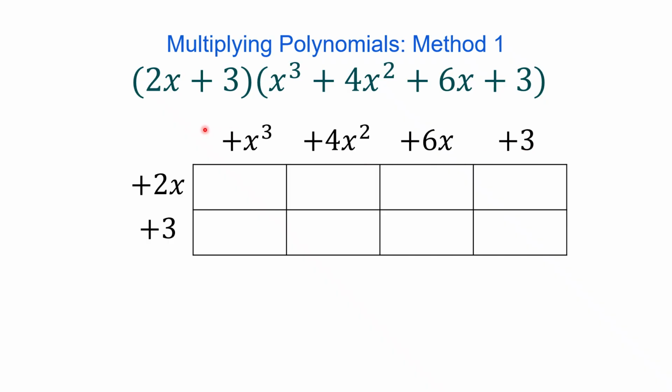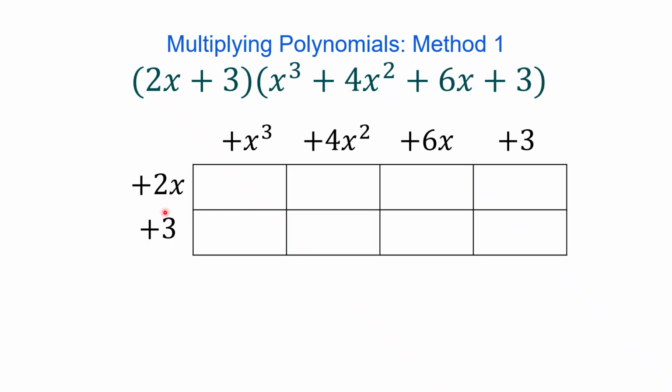Please note how I'm keeping a very tight control on the signs. So the signs go with each term. Positive x to the third, positive 4x squared, positive 6x, positive 3. And then over here, I have 2x and a positive 3.